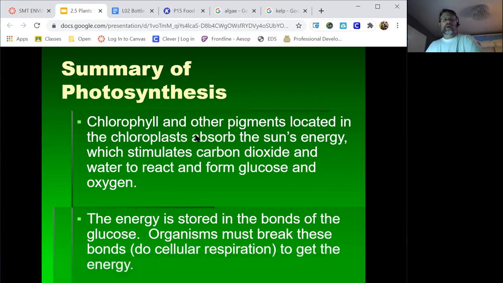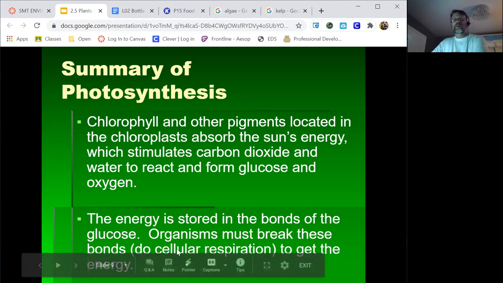Okay, so once we have that chemical equation or this sentence, then we can see that energy is stored in the bonds of the glucose. So places where one carbon was stuck to another carbon, that is where all the energy is sitting right now. It's no longer sunlight, it's now chemical energy. And then organisms must break these bonds to get the energy. So if the plant later wants that energy from the glucose, let's say it put it into the fruit, and now it wants that fruit seed to get the energy, it's going to go through cellular respiration to get that.